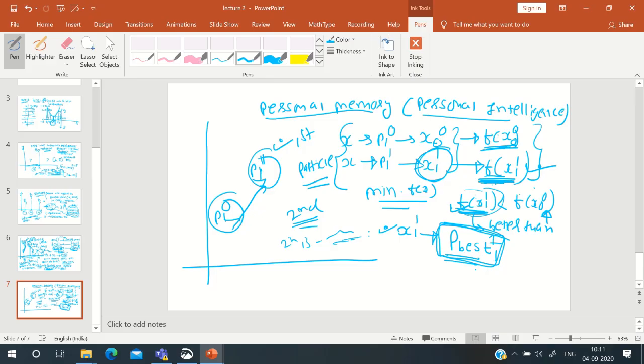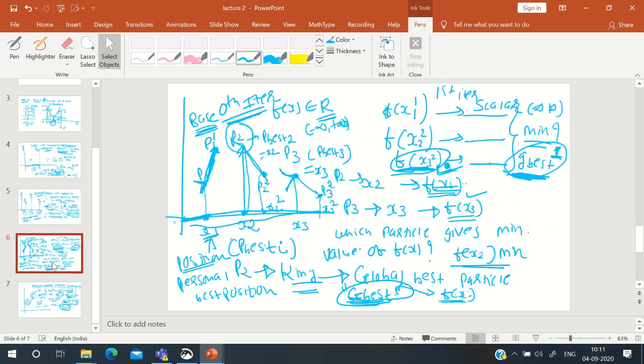So this is another concept. In the previous slide we had considered the concept of a g-best particle. So every particle will try to follow this g-best position, every particle will try to follow the king's position.